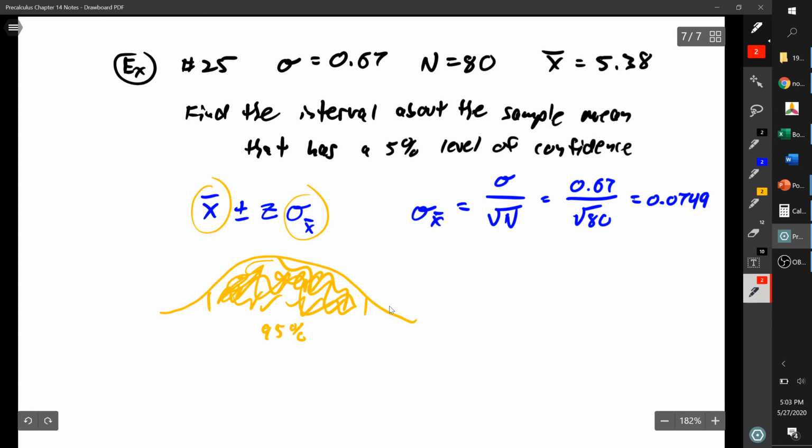Now, if 95% of the data is there, what percent is at this upper tail? It would be 2.5%, because we have 2.5% there and 2.5% here. That makes up the other 5%. So I'm going to look at my cumulative distribution table and look at what z value corresponds to 97.5.